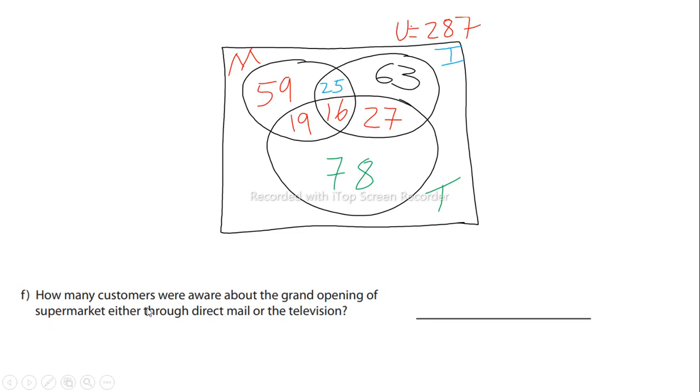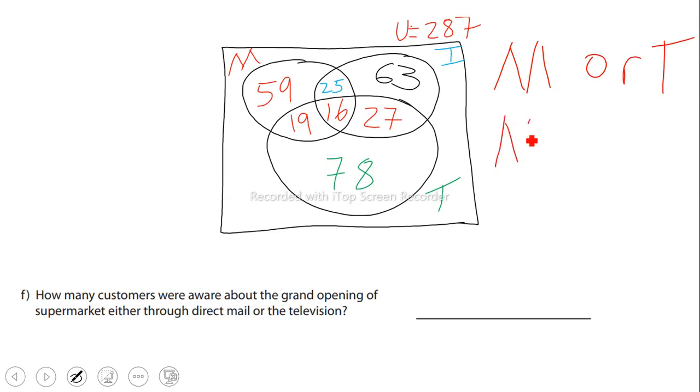Okay, so how many customers were aware about the grand opening of the supermarket, either through direct mail or the television? So remember, when we say or, we mean union. So mail or television.